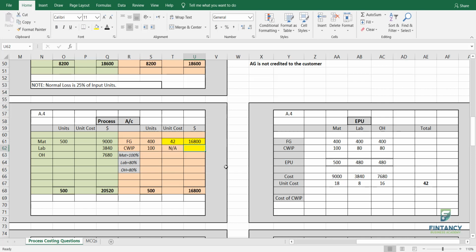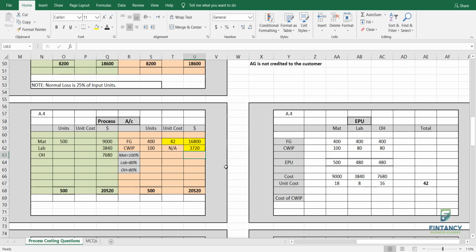Let me do it manually. Yeah, like this. Sorry. This minus this. Yeah, so how much is coming? See, how much is coming? The balance 3720.